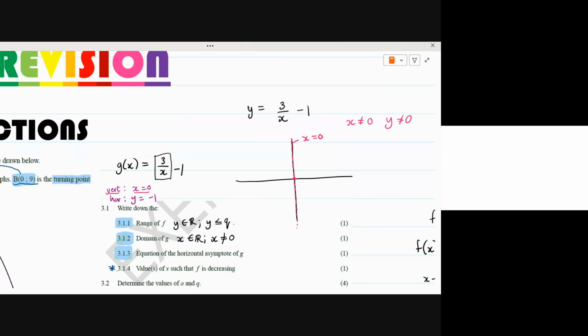Are we in agreement there? Yes? Thumbs up. So now my y value, the part where y was 0, will now be problematic where y is equal to -1. Therefore, y cannot equal -1.